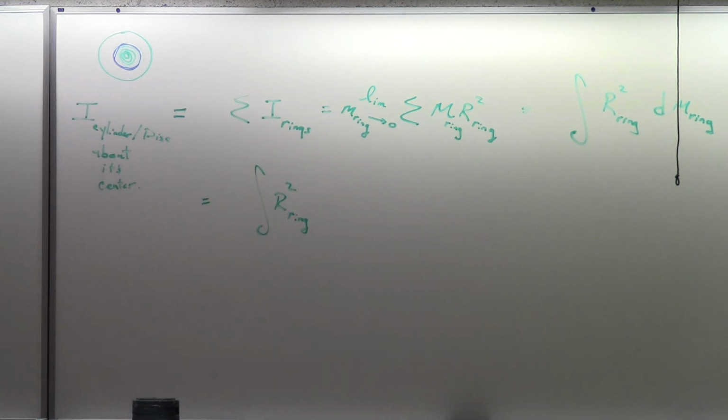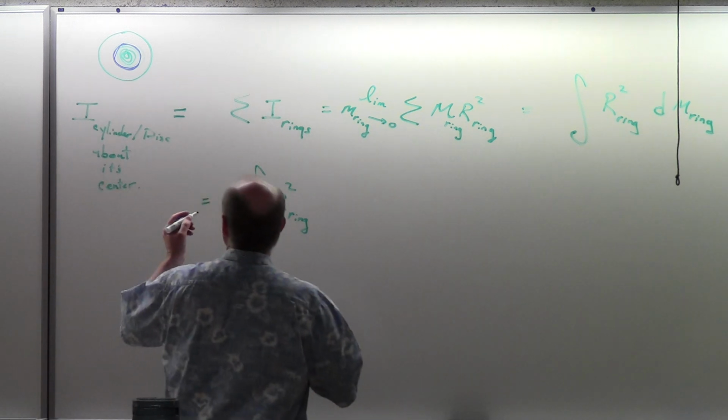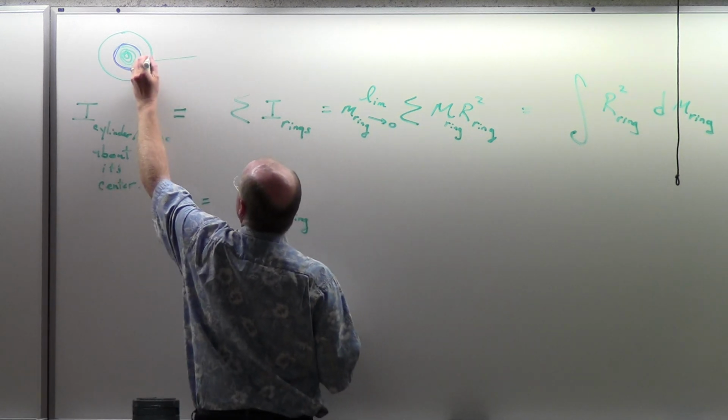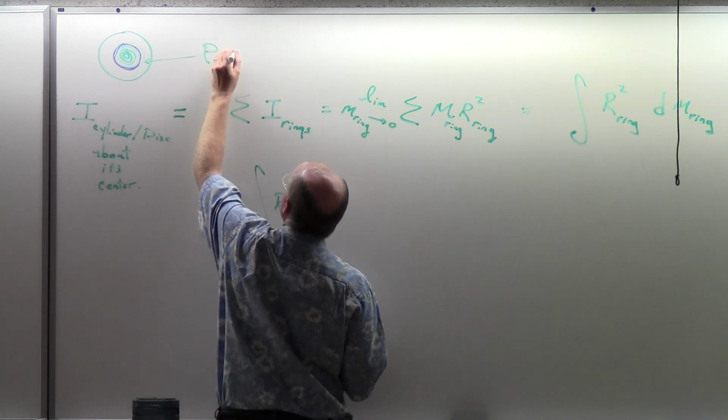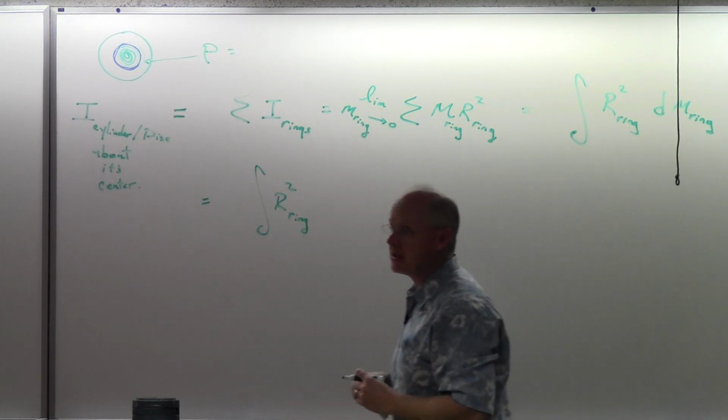How did I get rid of it? In this case, it was the mass of a little length here, a little chunk. But here, it's the mass of the ring. And so can't I do it by density again? So if I come over here and say, let's look at that ring, how would I get density? What would density be equal to?